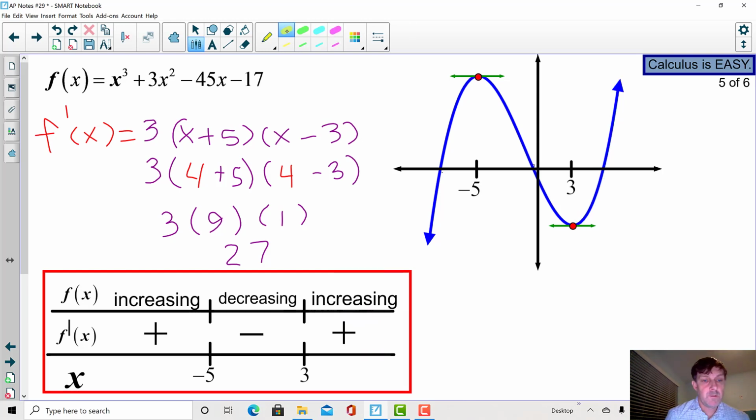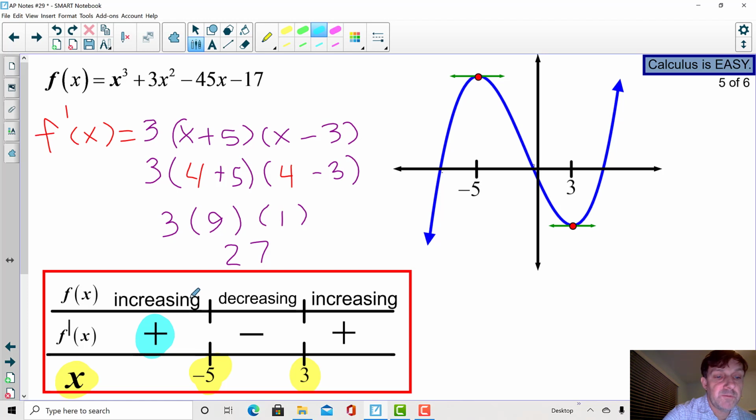Now, if you look at our chart, the bottom row is all the x values. You can see we have our two critical numbers, and we tested in between those critical numbers. We plugged in any x value between those numbers. The second row is the value of the derivative at those spots. So the derivative is going to be positive when x is less than -5.